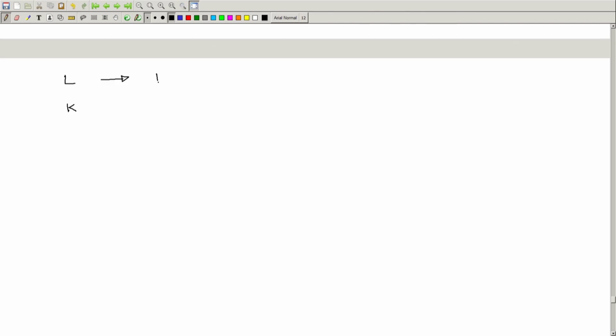So the per unit cost of L is going to be given by the wage rate, let's say in rupees per labor hour, and it's going to be denoted by W. K, which is capital or machines, also has a per unit cost.